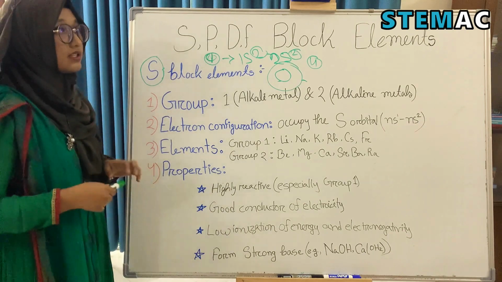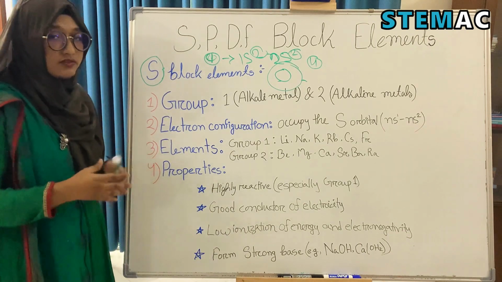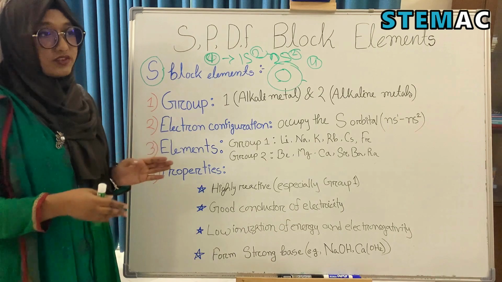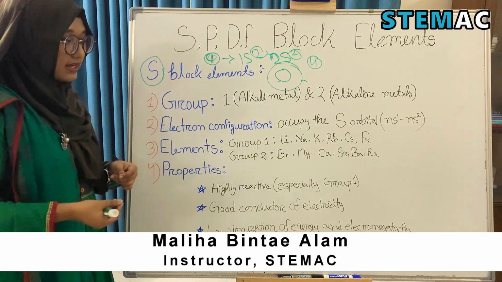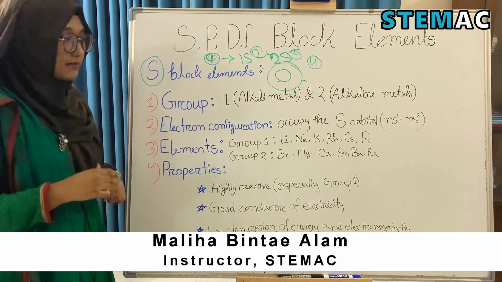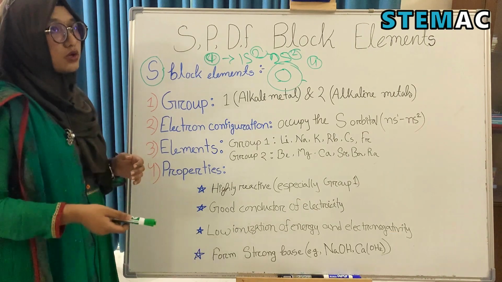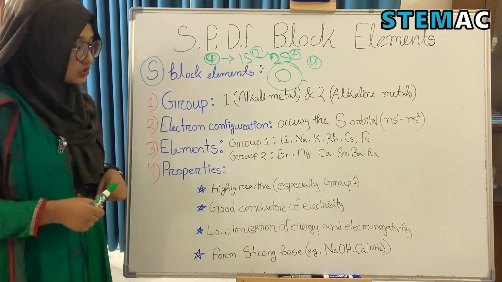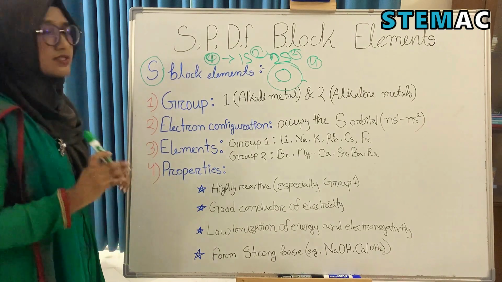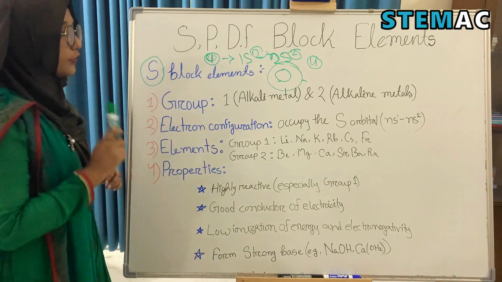They easily lose electrons if there is a nearby electron present which they want to gain, and those happen all the time. They easily lose electrons, gain electrons, and get into a combined position. This is how they react, and especially that happens for group 1 elements.